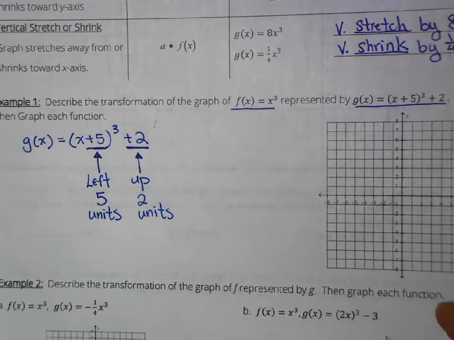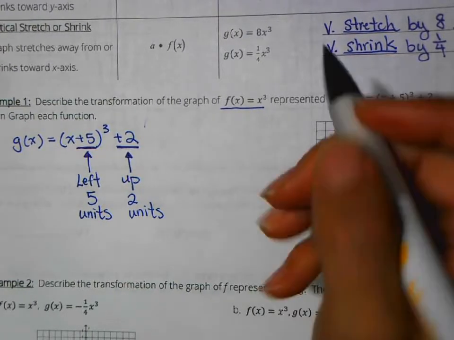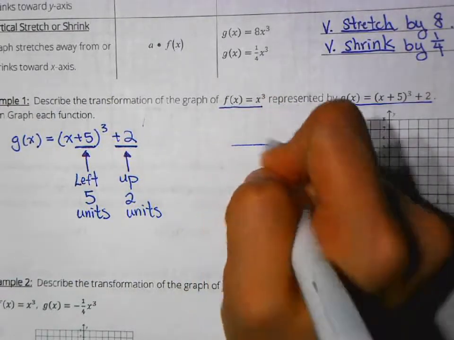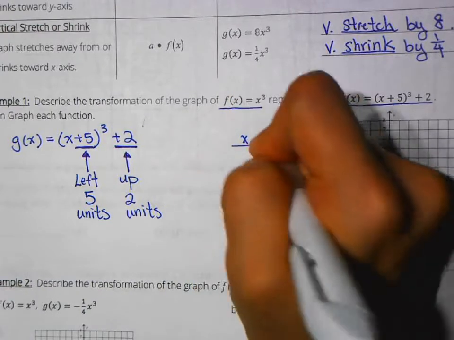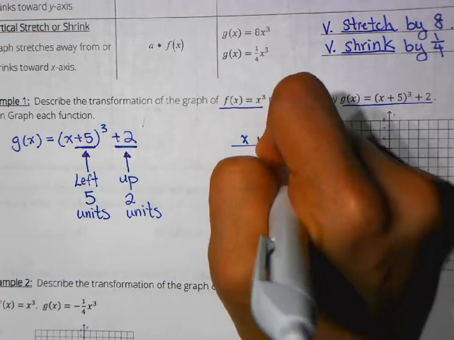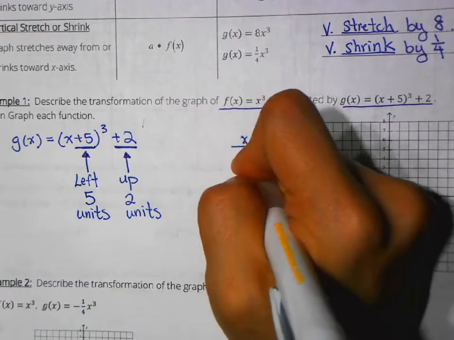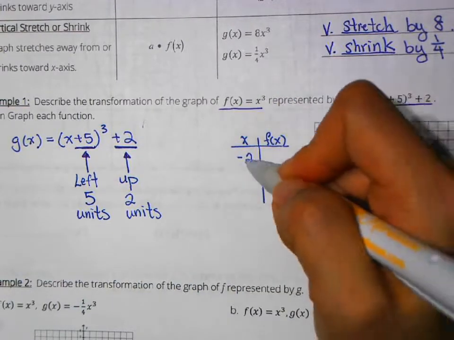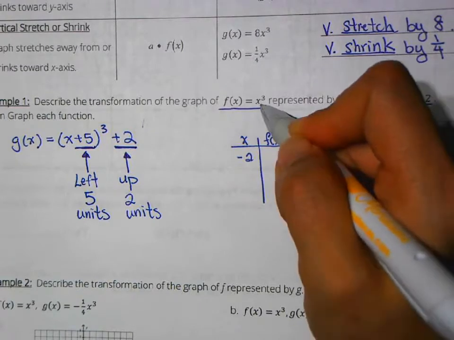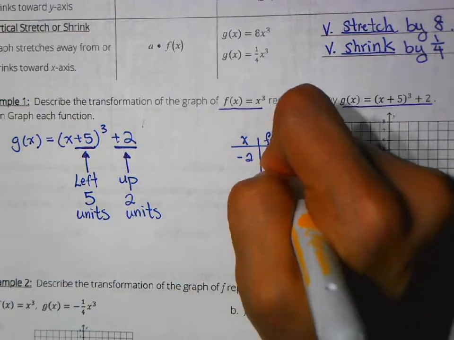And then it says to graph it. Of course, function f of x equals x cubed. Let's do a quick table. So f of x when x equals, let's say, negative 2, f of x is going to be negative 8.